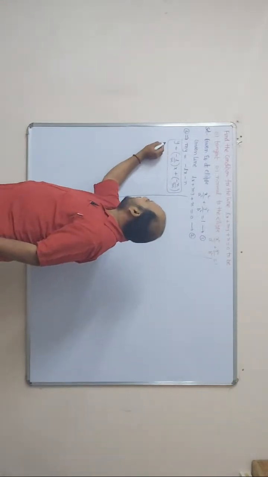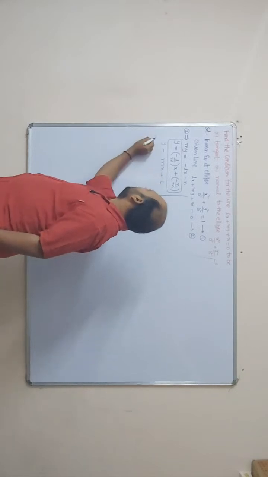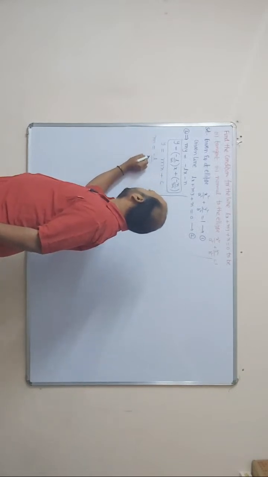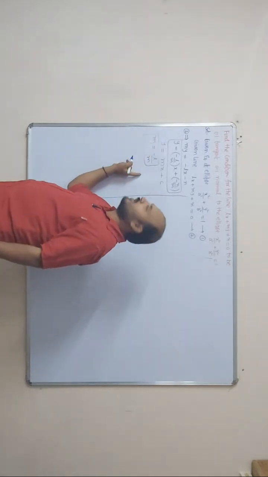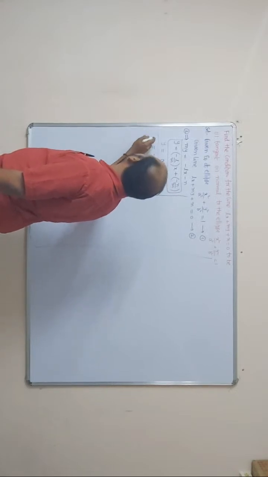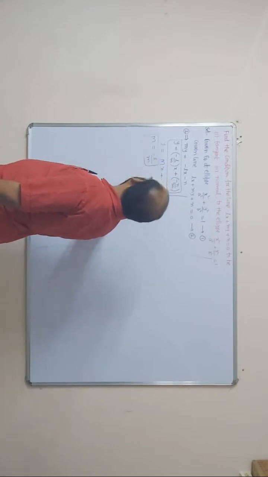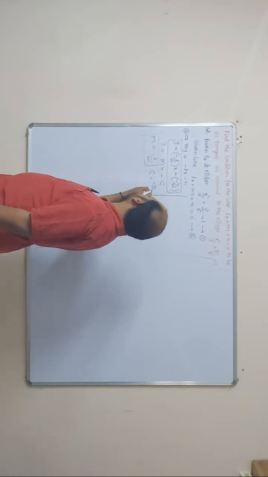This compared with y is equal to mx plus c, so where m is equal to minus L by M. Don't think that these m values are equal. Otherwise, you can take it as capital M, better. And this is capital C, and capital C equal to minus n by M.